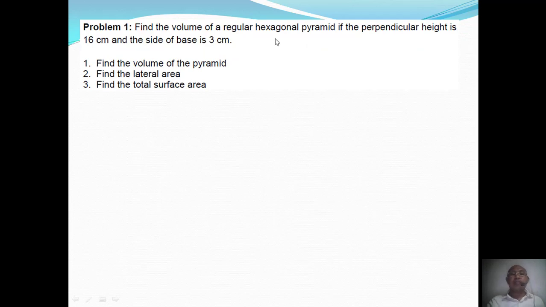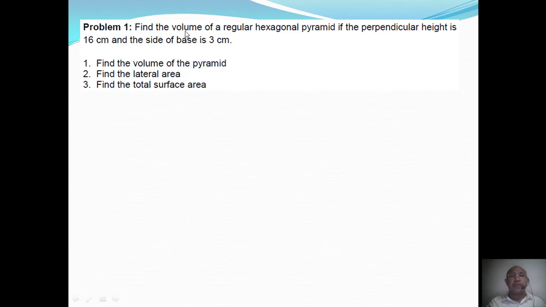Find the volume of a regular hexagonal pyramid if the perpendicular height is 16 centimeters and the side of the base is 3 centimeters. Okay, by the way, we will just add a question for this problem.